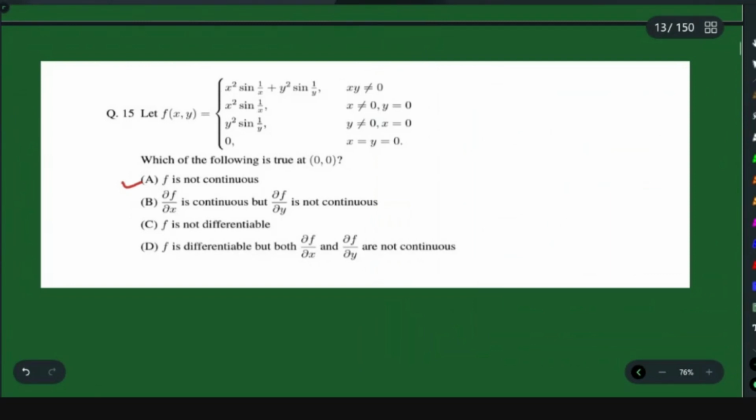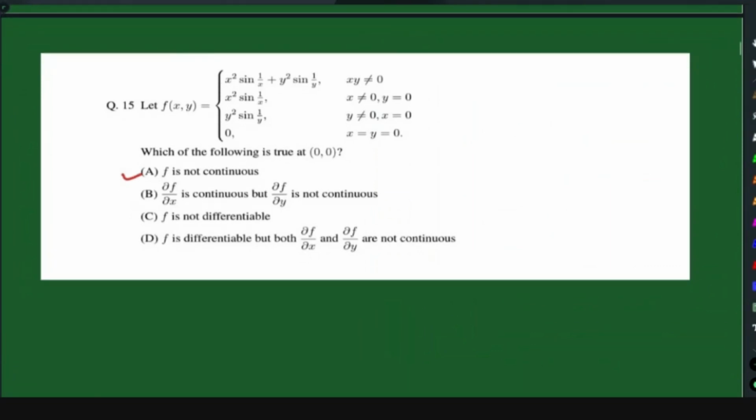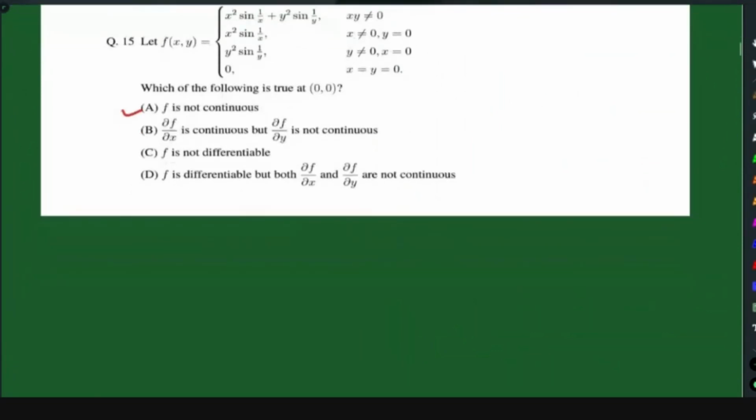Just look at this thing. You see, suppose you take the domain. So what is actually your domain here? So xy not equal to 0 means, first you look at this, x not equal to 0, y is equal to 0. So that is your x-axis, right?